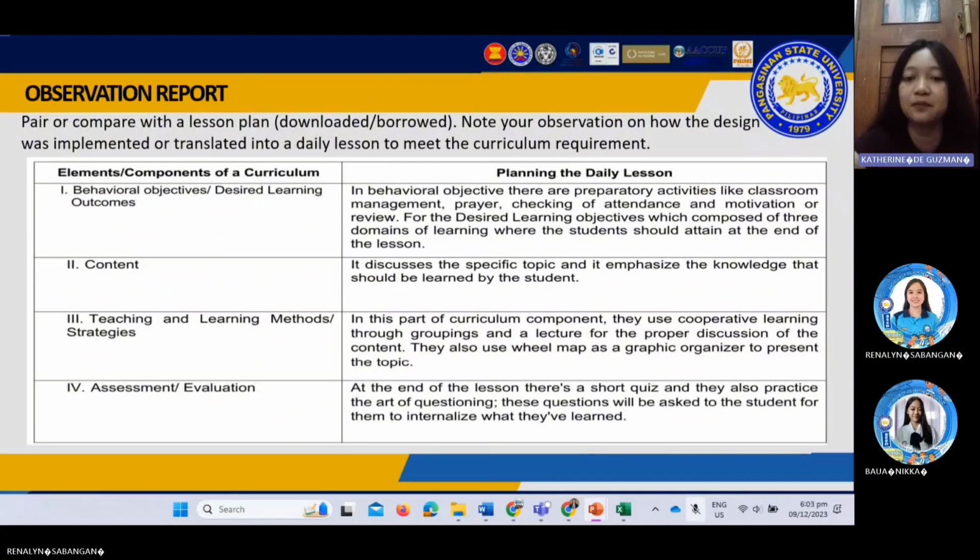They also use a word map as a graphic organizer to present the topic. Fourth is the assessment or evaluation. At the end of the lesson, there's a short quiz and they also practice the art of questioning. These questions will be asked to the students for them to internalize what they have learned.